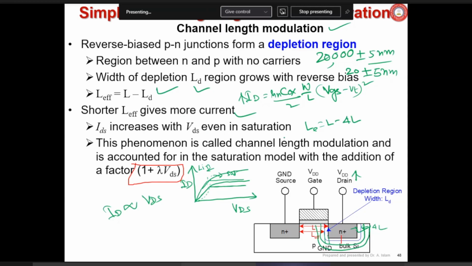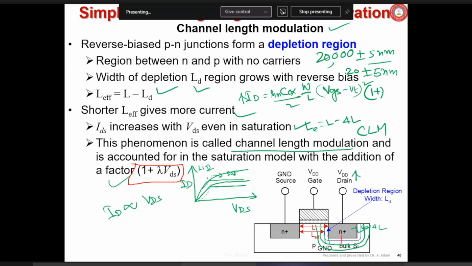I_DS increases with V_DS even in saturation, and this phenomenon is called channel length modulation, normally CLM in short. It is accounted for in the saturation model with the addition of a factor 1 plus lambda V_DS. Means now we'll write the equation with 1 plus lambda V_DS.